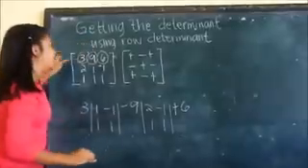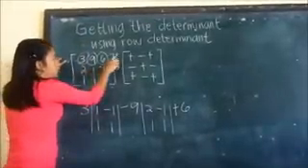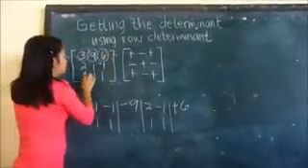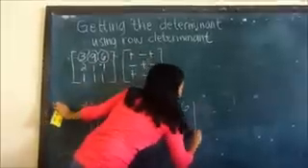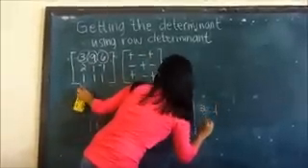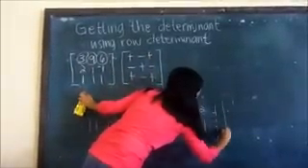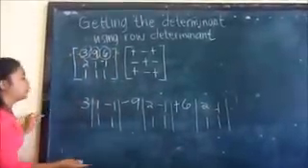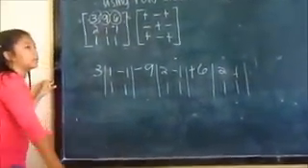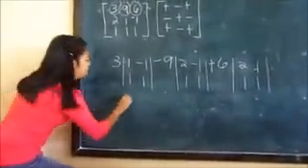In the last element, cross out the first row and the third column, leaving us 2, 1, 1, and 1. Then, perform the 2 by 2 determinant discussed earlier.